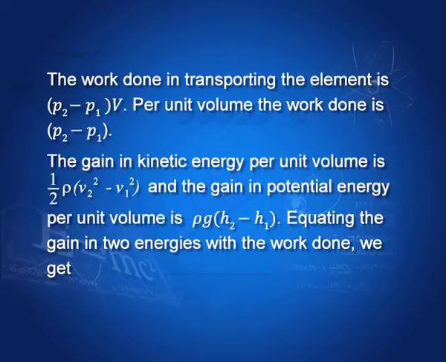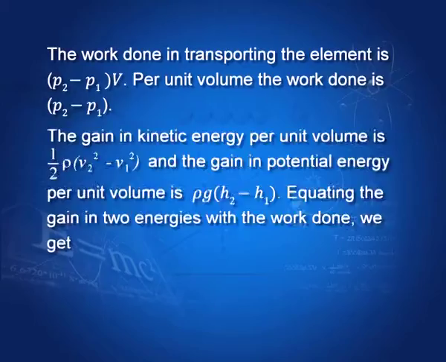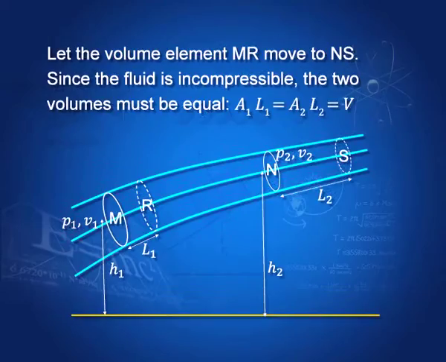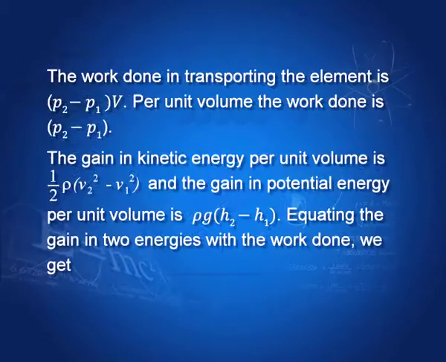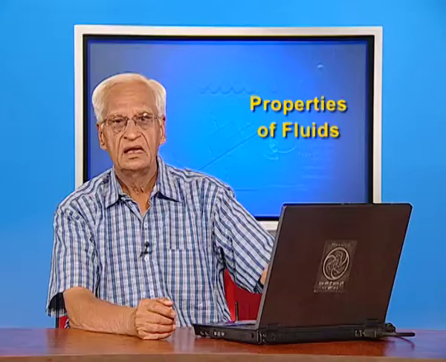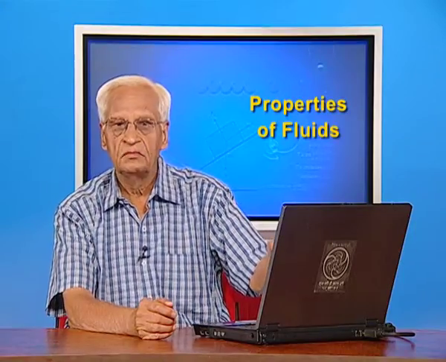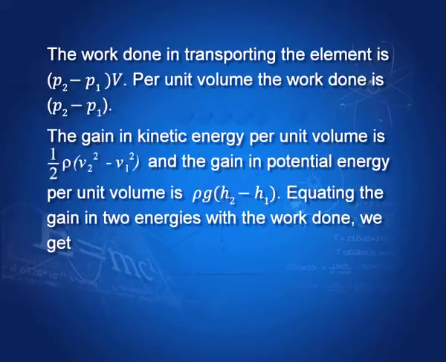The tube narrows down and therefore, the velocity increases, and the gain in kinetic energy per unit volume is half rho times V 2 squared minus V 1 squared, and the gain per unit volume in potential energy is rho g times H 2 minus H 1.